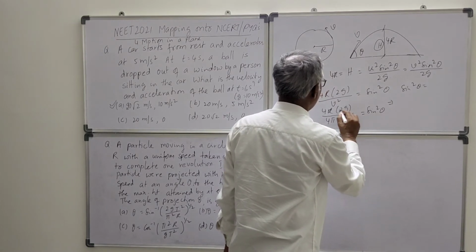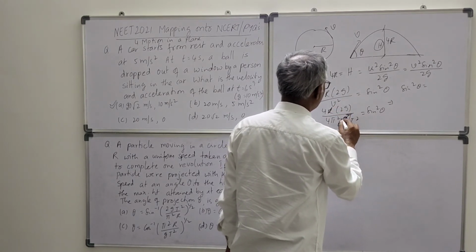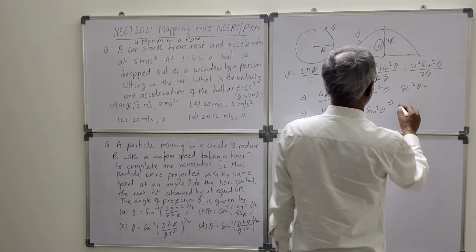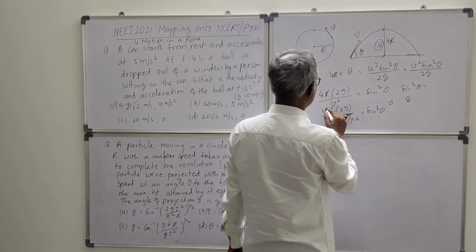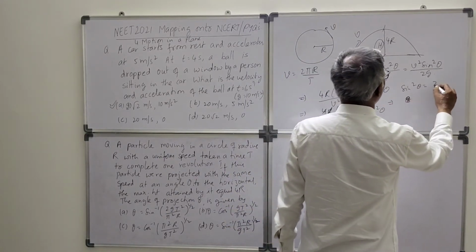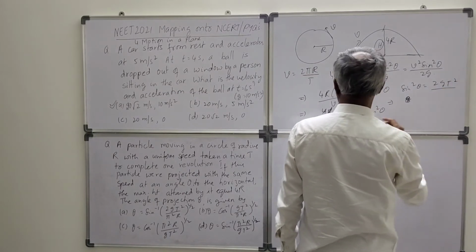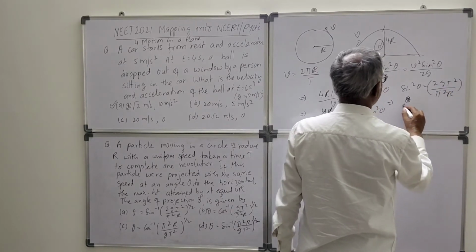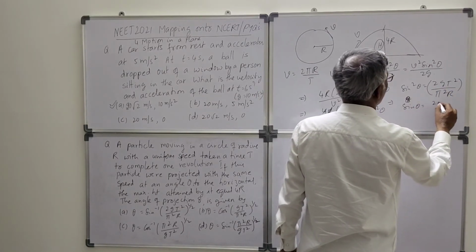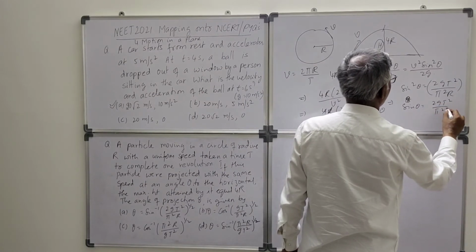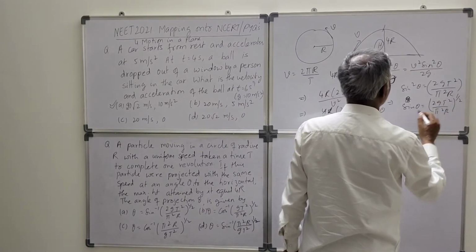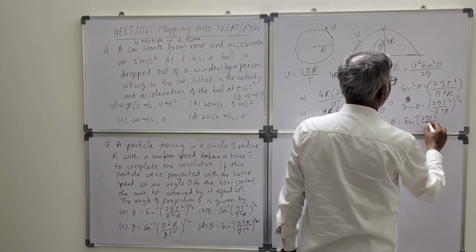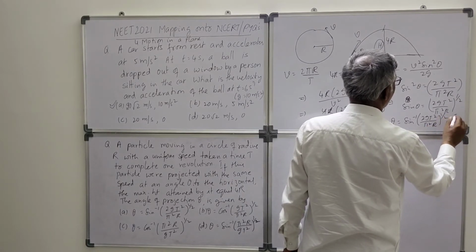The square will go and r will remain, so t square will come up, this 4 and this 4 will go. So, 2gt square divided by pi square r is the value. So, sine theta is equal to square root of 2gt square by pi square r. So, theta is equal to sine inverse of 2gt square by pi square r to the power of half.